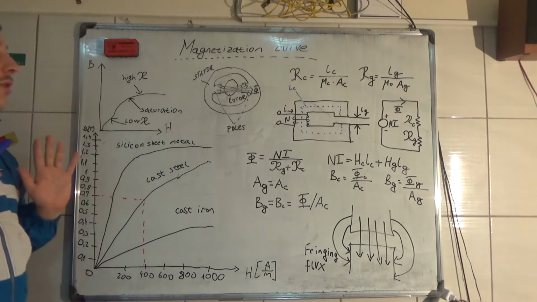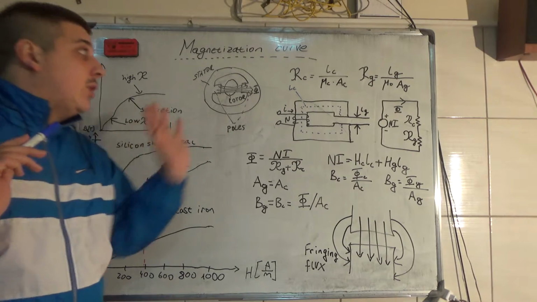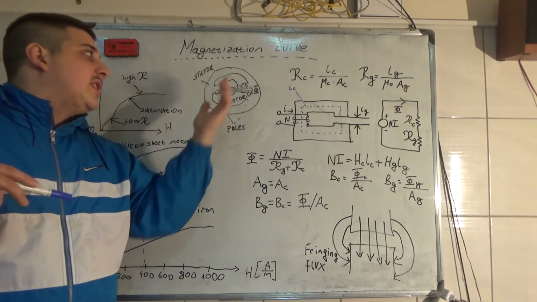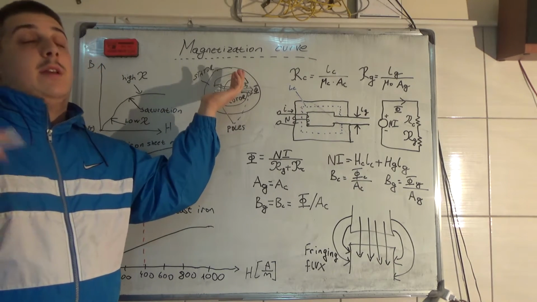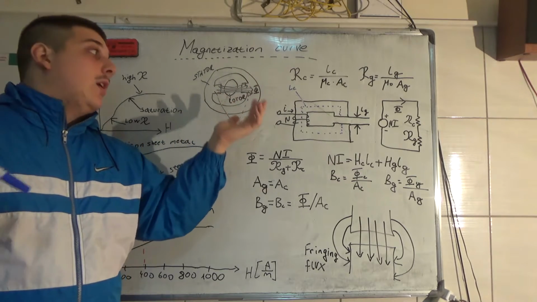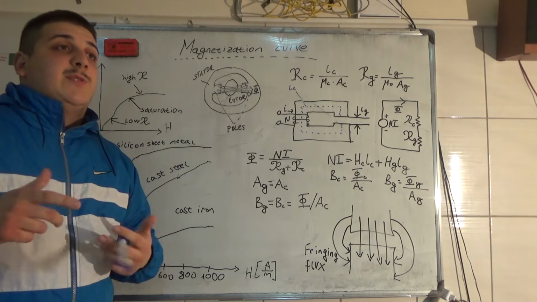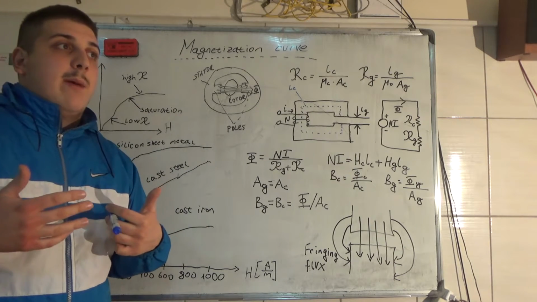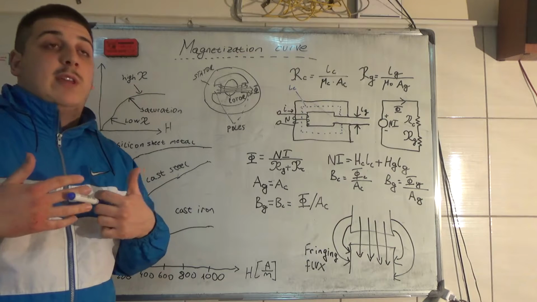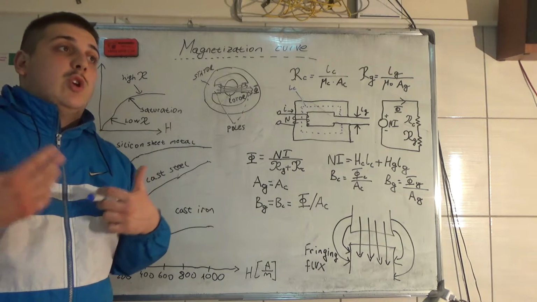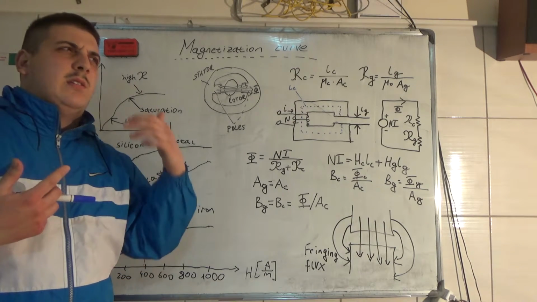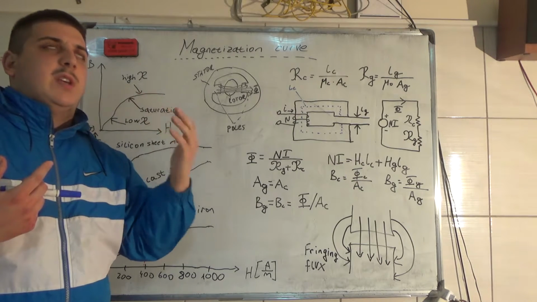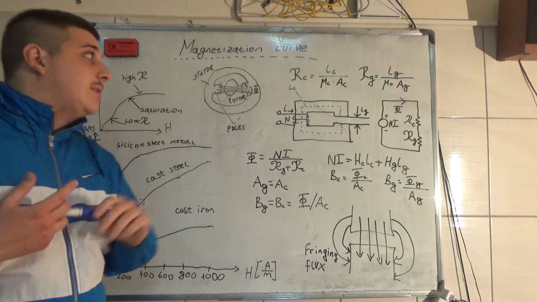Okay, so in motors and machines there is a lot of air gap, except the transformer. Transformer doesn't have any air gap, and they don't have any mechanical parts. So the transformers have the biggest power efficiency of all the electrical machines.